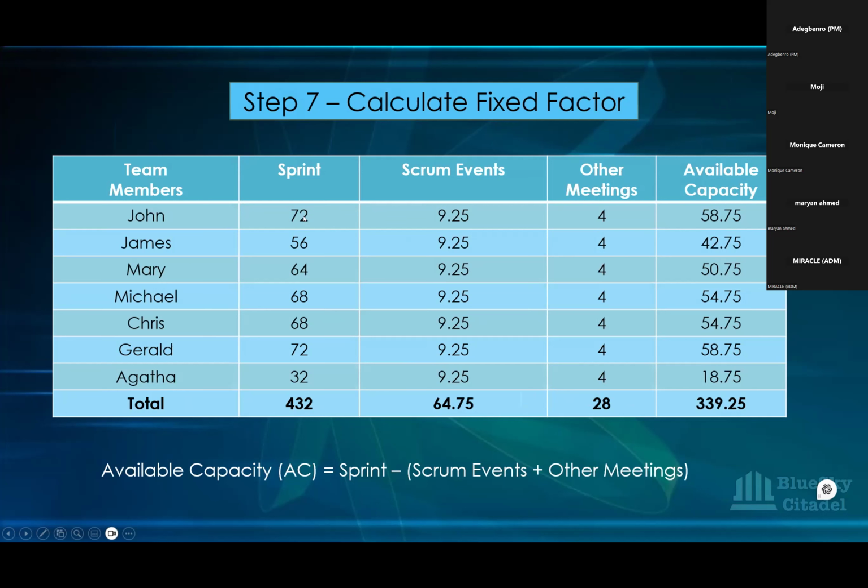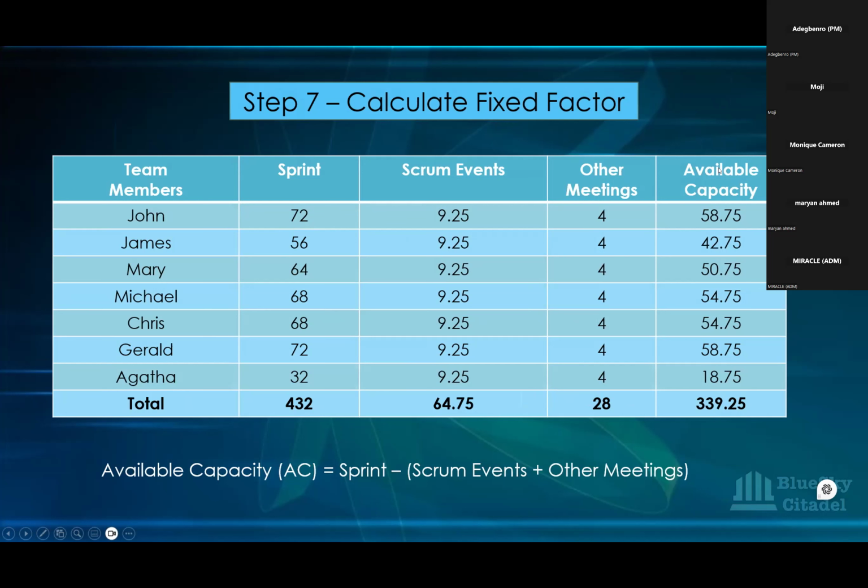It's not everybody that has the same sprint hours. These hours are the total hours for each person for the sprint, based on the days or half days they've taken off, and also on the team holiday, which is the bank holiday. By the time you deduct that, what you have here is now come down to 339.25 hours.